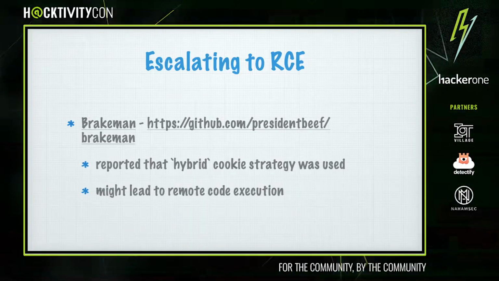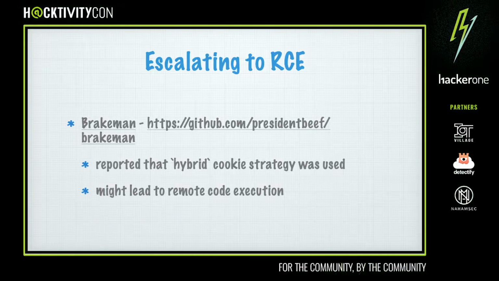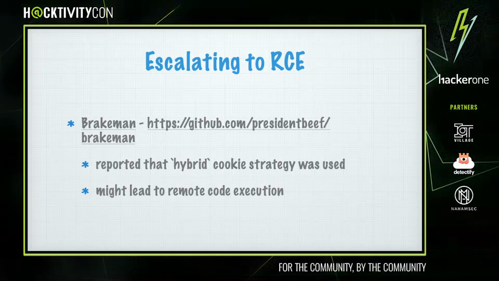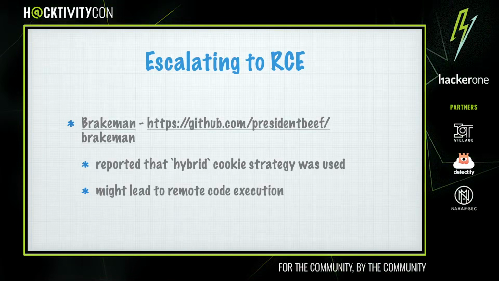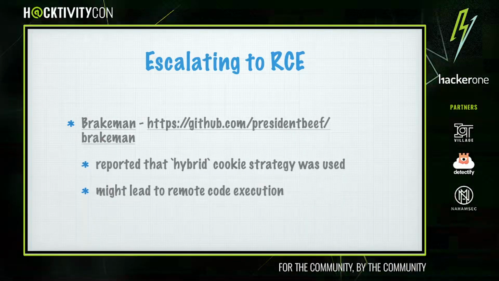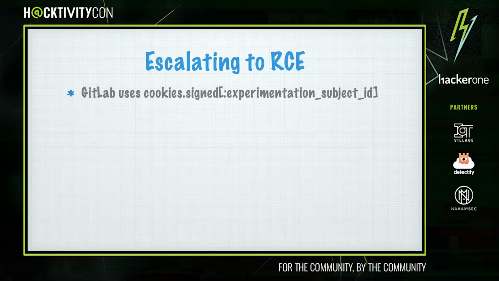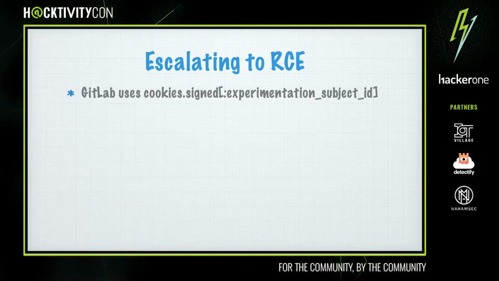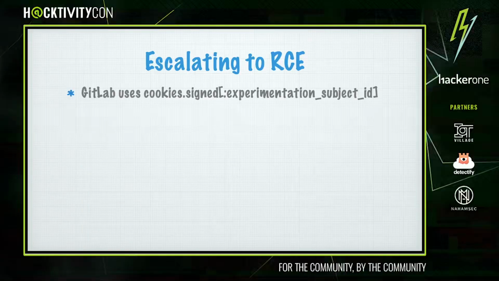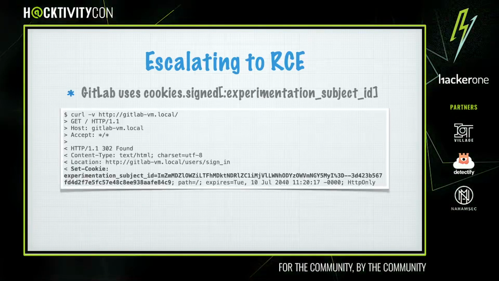The hybrid strategy was added as a sort of migration path so that it would take the old marshaled cookies, read them, and then convert them to JSON. A quick search found that GitLab were using a signed cookie to store the experimentation ID of a user. It was checked on most endpoints.